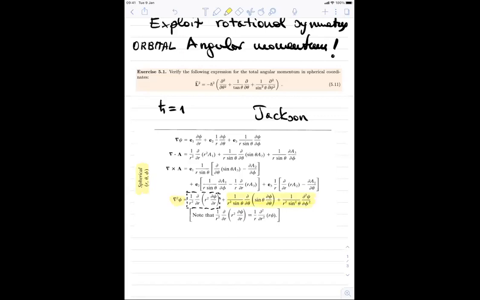Do you recognize any similarity? I think you will recognize, given the fact that, look at this term. You see that I have 1 over r squared, 1 over sine theta, the derivative with respect to theta of sine theta d psi, sorry, let me just do the calculation.